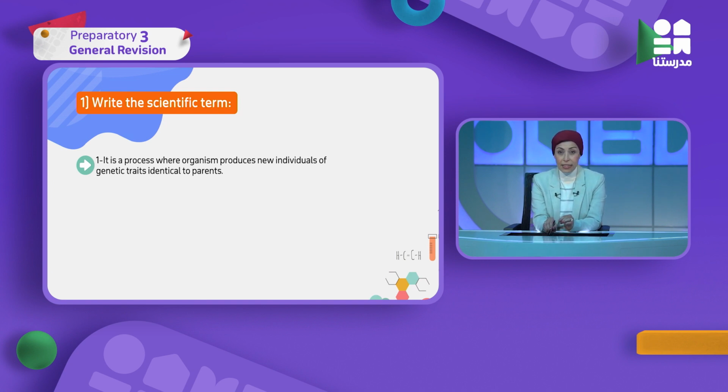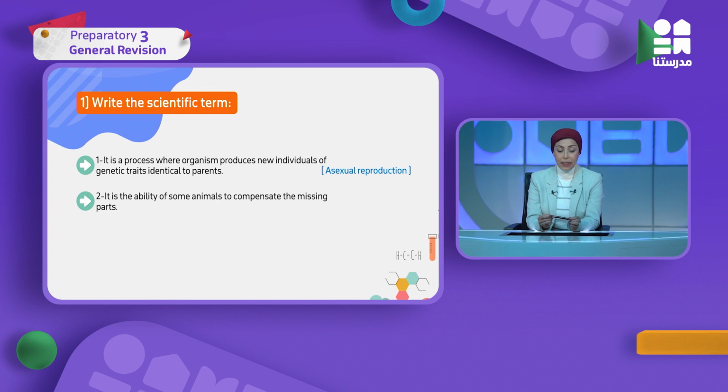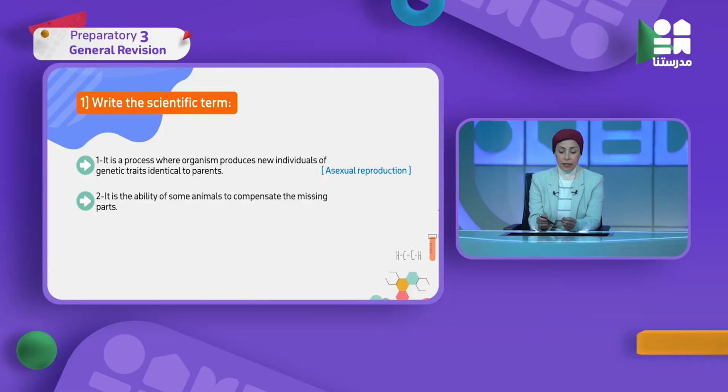So the answer is asexual reproduction. Second: it's the ability of some animals to compensate the missing parts. Which type of reproduction is it in which the animals compensate a missing part that was cut off? Yes, of course, it's regeneration, asexual reproduction by regeneration.